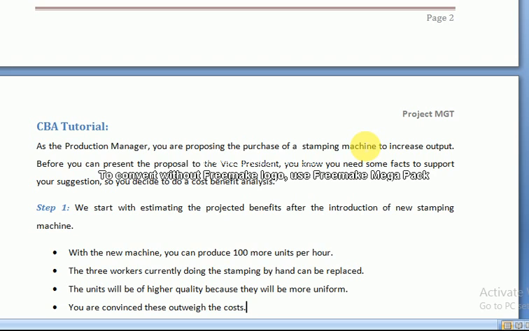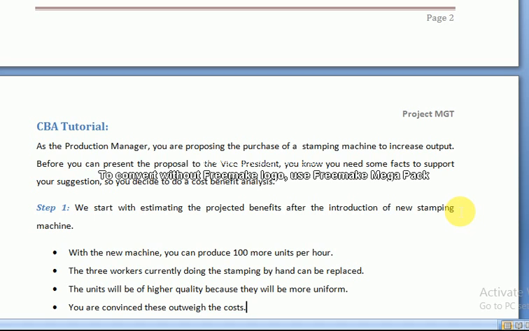How? Your first step is estimating the project benefits after introducing the new stamping machine.